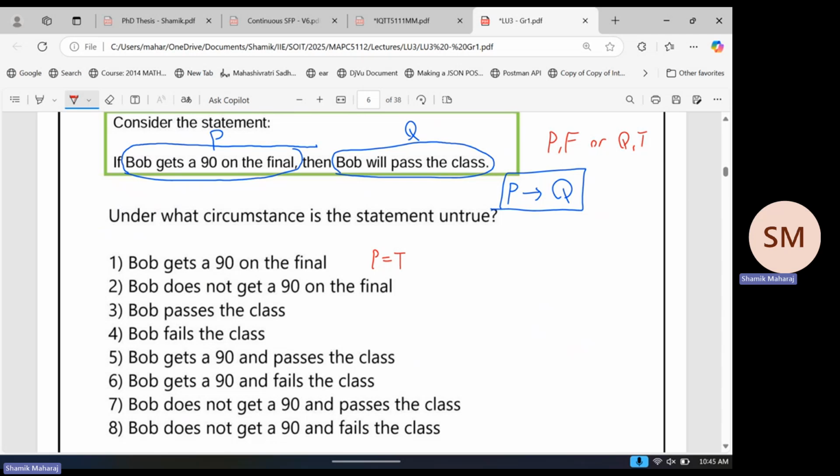Based on P being true, let's look at the implication again. We know P is true and know nothing about Q. So what can we say about the statement based on the rule, which we need to remember, up here?